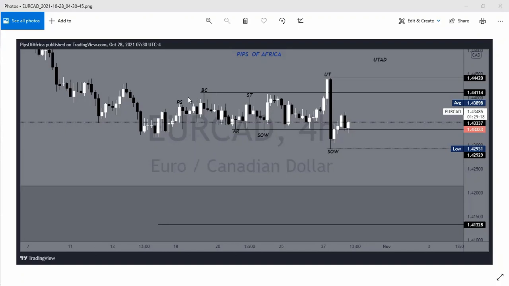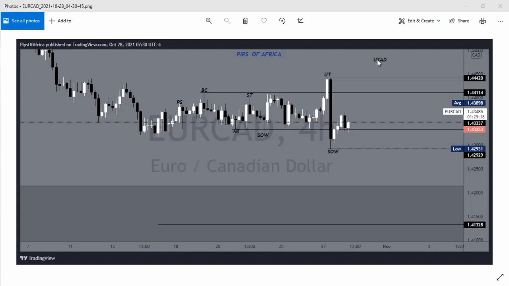So I knew that the market was breaking after creating the ST and then the sign of weakness. I knew that the market has to move up for this Wyckoff schematic to be a true schematic, right? So after this was created, I knew exactly what I was looking for. You see, the UTAD was already there.